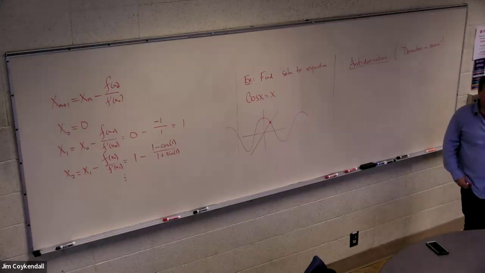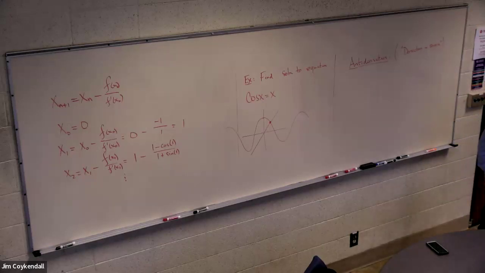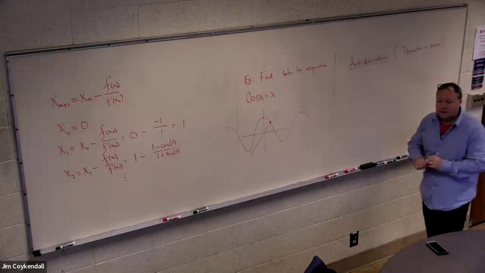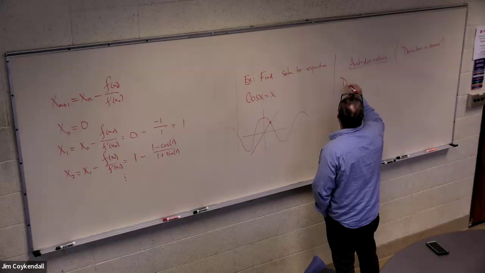What's the derivative of cosine? Actually, cotangent. That's a little harder. So, definition.